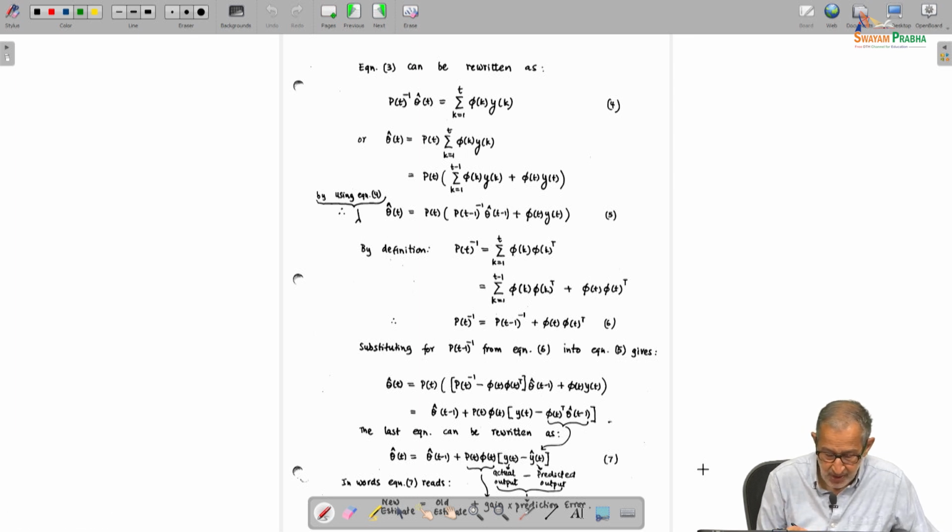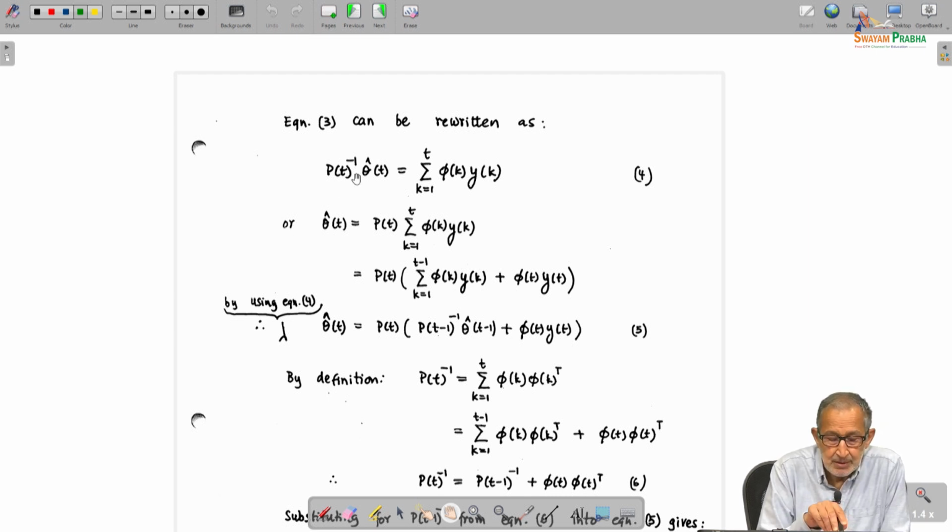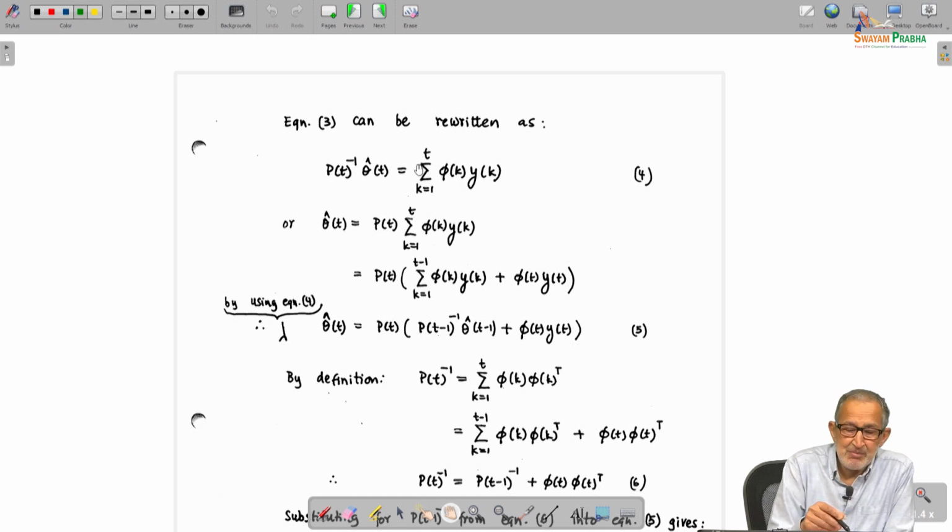So let's now, the last equation is P_t. It was theta hat t is P_t on the right hand side, but we can bring P_t inverse on the left hand side, can be written in this form. So P_t inverse times theta hat t equals the summation k 1 to t phi of k times y of k. Therefore, theta hat t is P_t times, it's exactly this expression that we obtain. Okay.